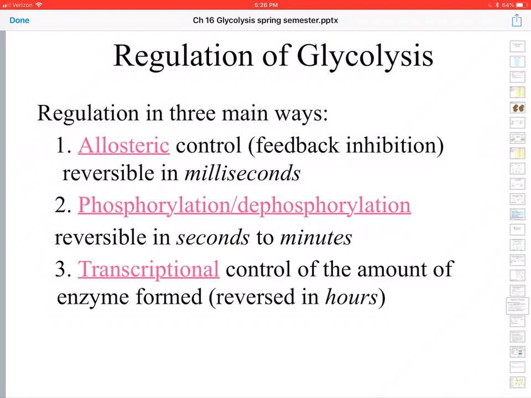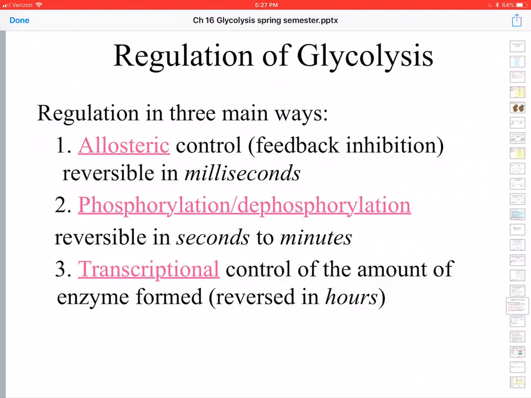So remember, regulation in general can be done in 3 main ways. Transcriptional control, where a gene is transcribed and then translated into protein enzymes. Allosteric control, which you learned a lot about in Biochem 1. Allosteric control is where there's an enzyme that not only has a catalytic site, but it has a regulatory site as well.